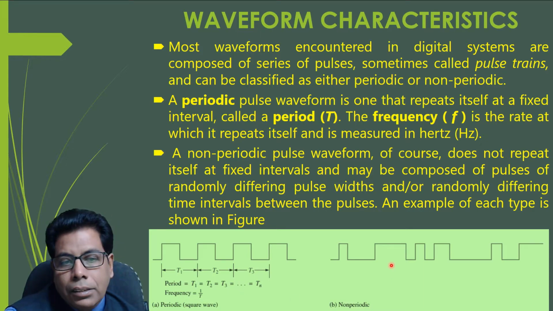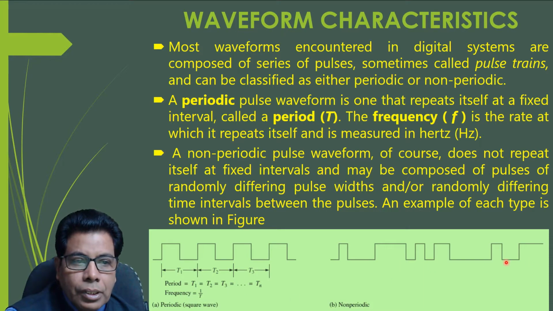Whereas if you look at this waveform, it is non-periodic. It does not repeat itself at fixed intervals, and it is composed of pulses of randomly differing pulse widths. You can see this is very narrow, whereas this is broad. Again, here the width is more.